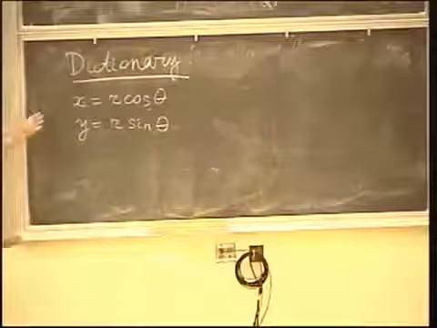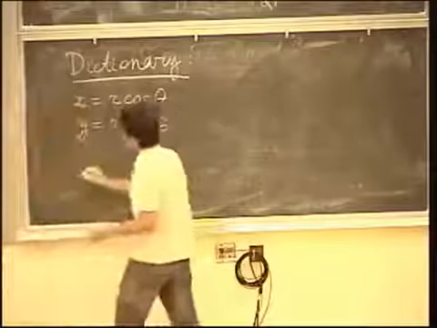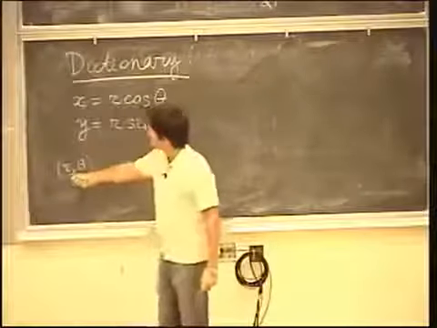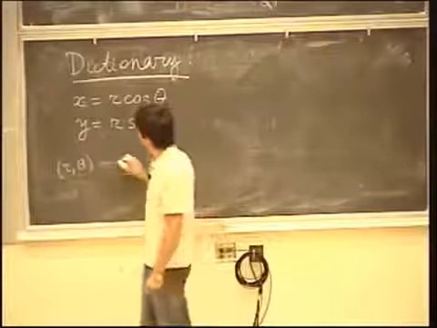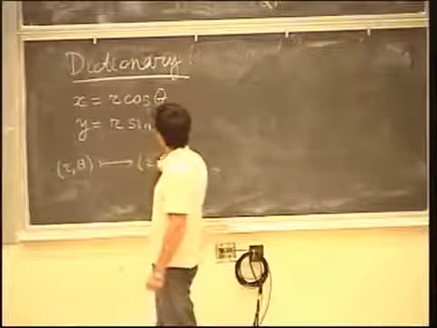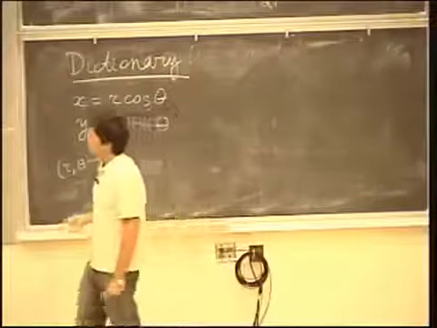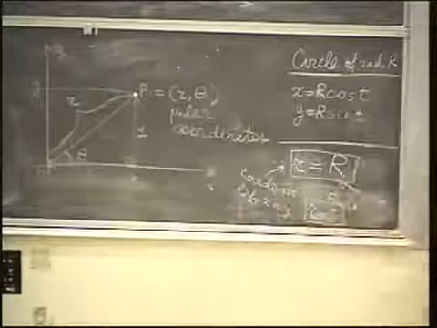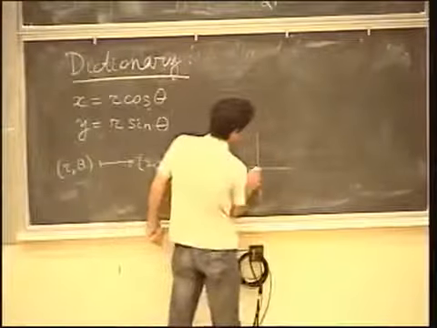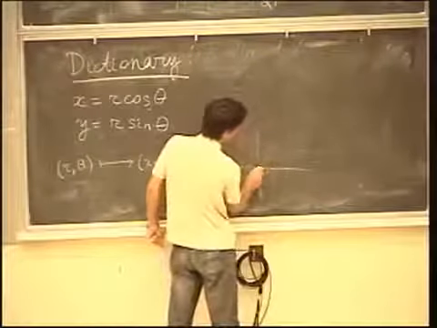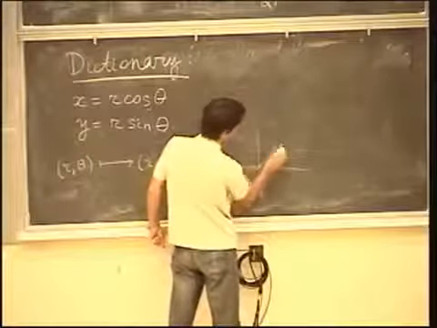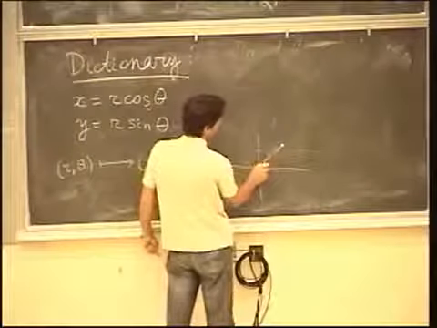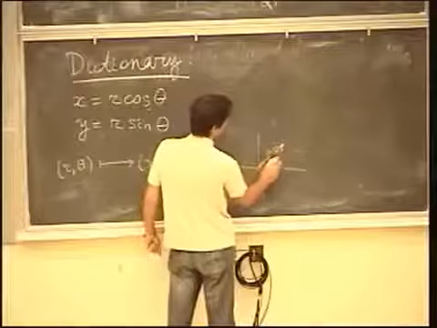So that's it. What does it mean? It means that if you are given a point represented in polar coordinates by two numbers, r and theta, you can find the xy coordinates of this point. For example, let's say theta is pi over 4, 45 degrees, and r is 2. Okay, so this is 2, this is pi over 4.